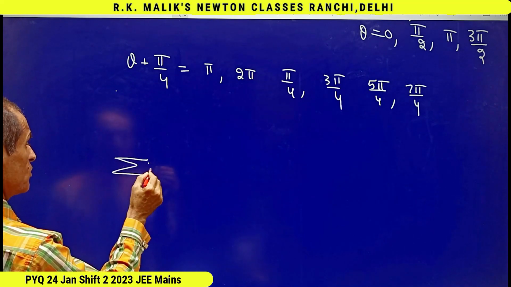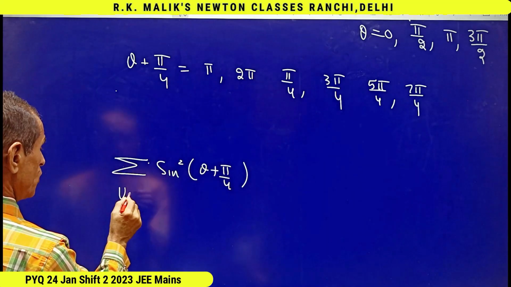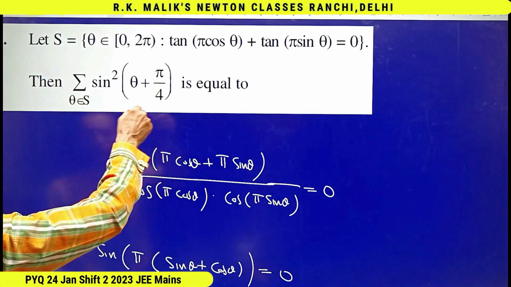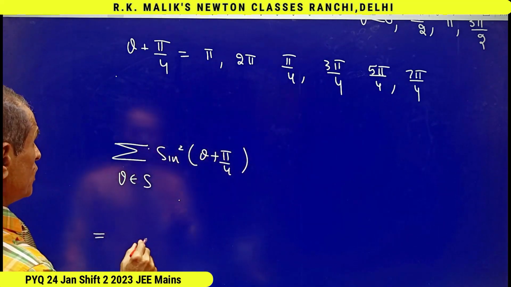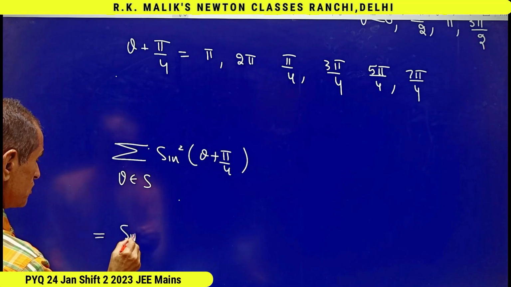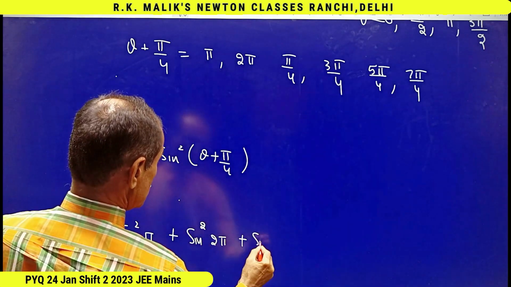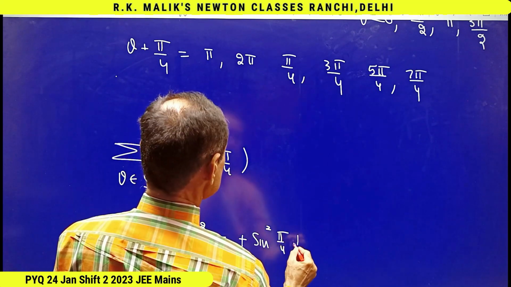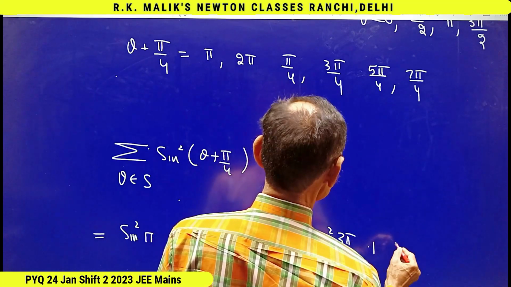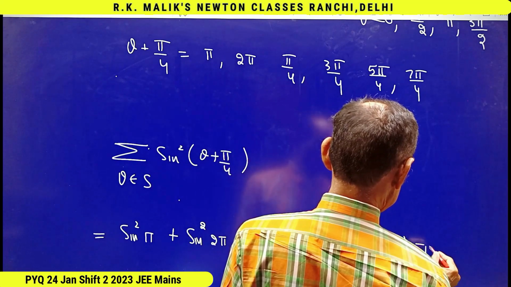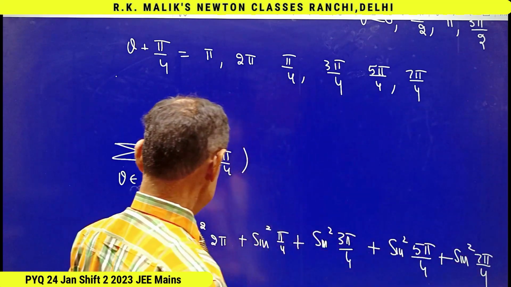Hence, the value of the sum of sin square of theta plus pi by 4, where theta belongs to the set S, which we had to find, keeping these values in mind, is sine square pi plus sine square 2 pi plus sine square pi by 4 plus sine square 3 pi by 4 plus sine square 5 pi by 4 plus sine square 7 pi by 4.